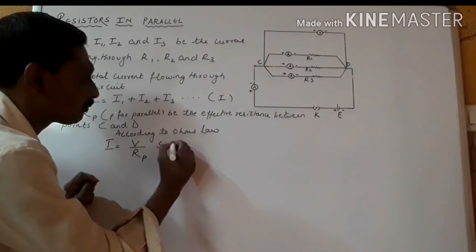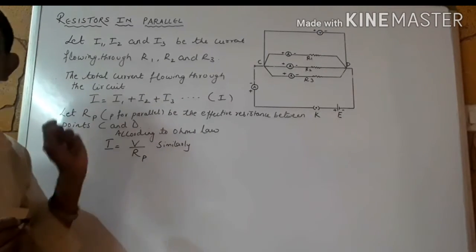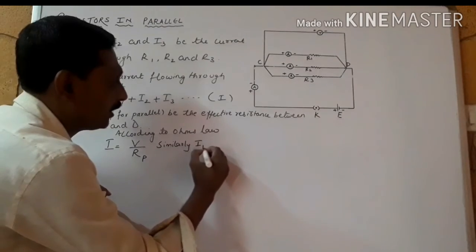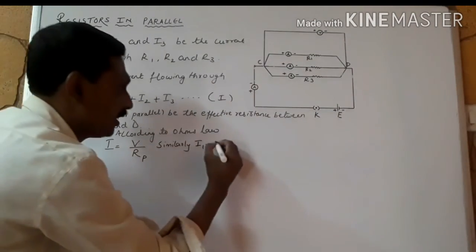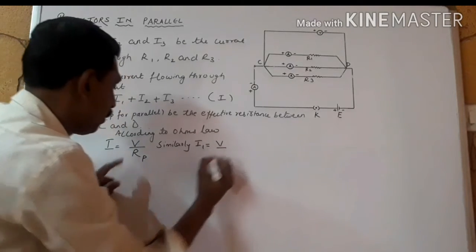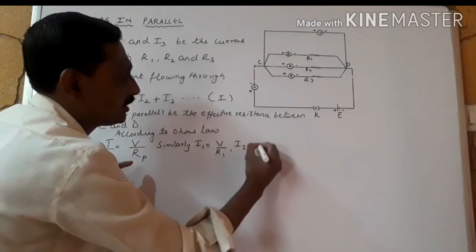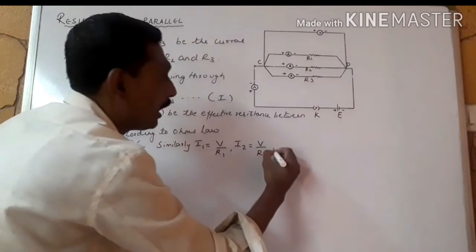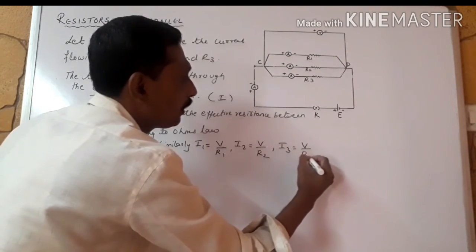Similarly, what will be I1, I2 and I3? The potential difference, that is the voltage, will be the same. I1 is equal to V upon R1, I2 is equal to V upon R2 and I3 is equal to V upon R3.